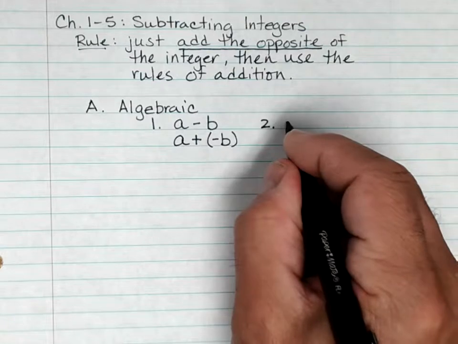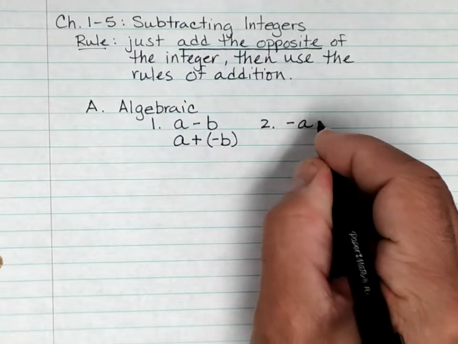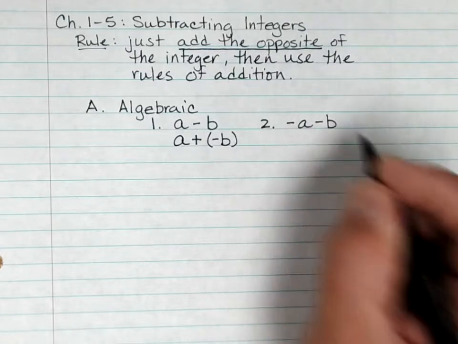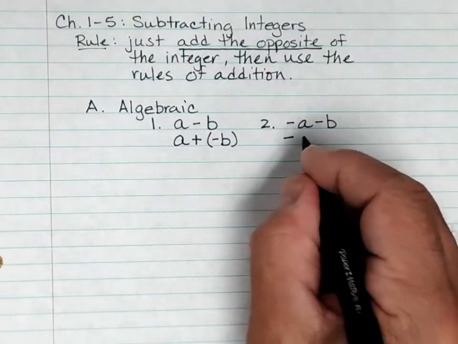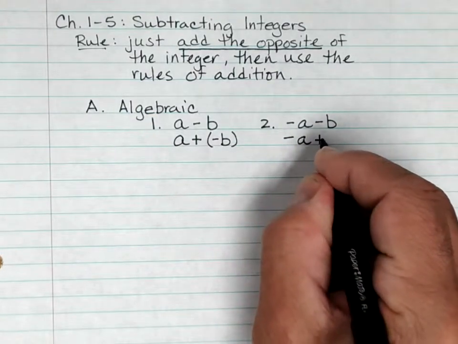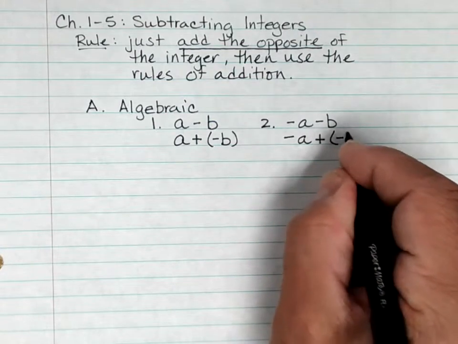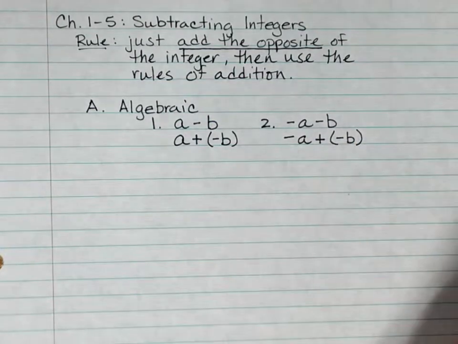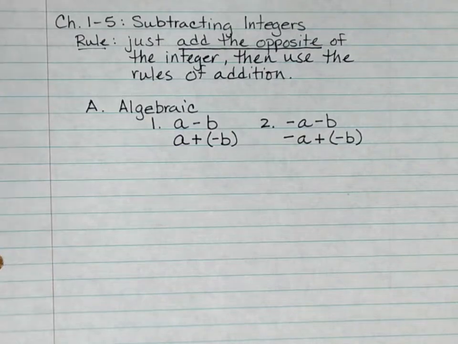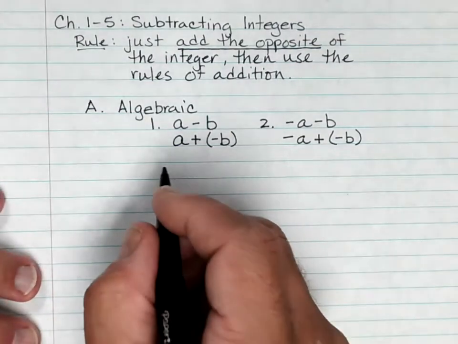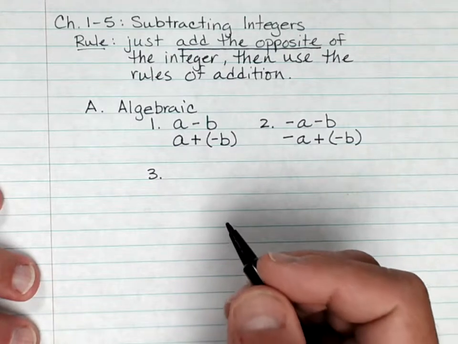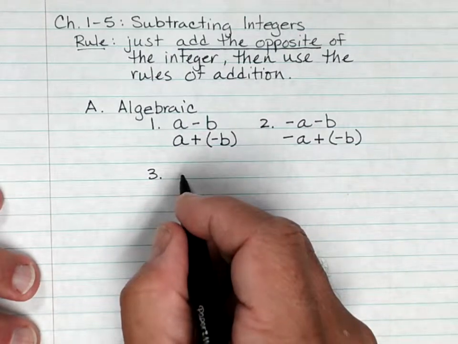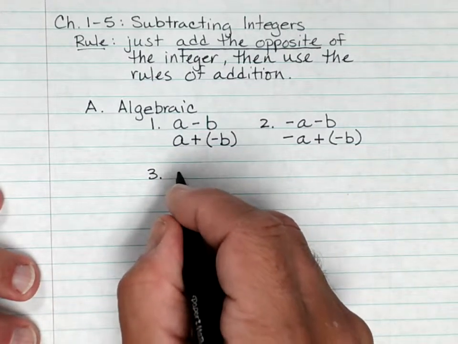They might give you a negative a minus b. Alright, again, the rule is add the opposite. So if you follow my examples for 1, 2, 3, and 4, and we've got 3 and 4 coming, when you're doing your homework you should be okay, because all 4 of these are going to represent something that you're going to see.